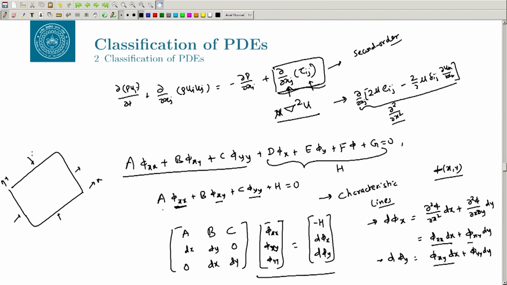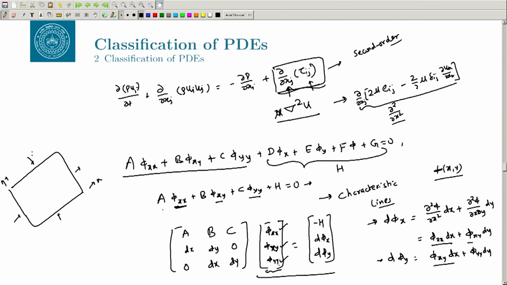So, now we have a linear system of equations, right. We have 3 equations and 3 unknowns, the phi x x, phi x y and phi y y, and we want to find the solution for these and find the region where any or all of these derivatives are not defined, right.